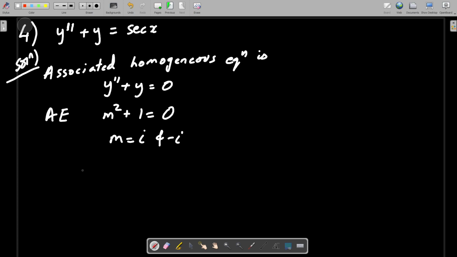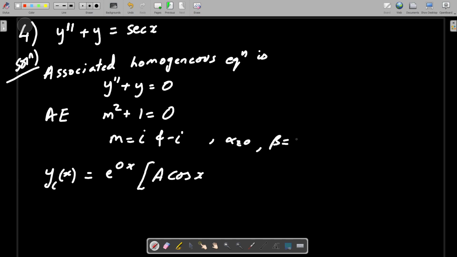So the complementary function over here will be e raised to 0x. For this problem alpha is equal to 0 and beta is equal to 1. So that's why e raised to 0 and cos of 1x.